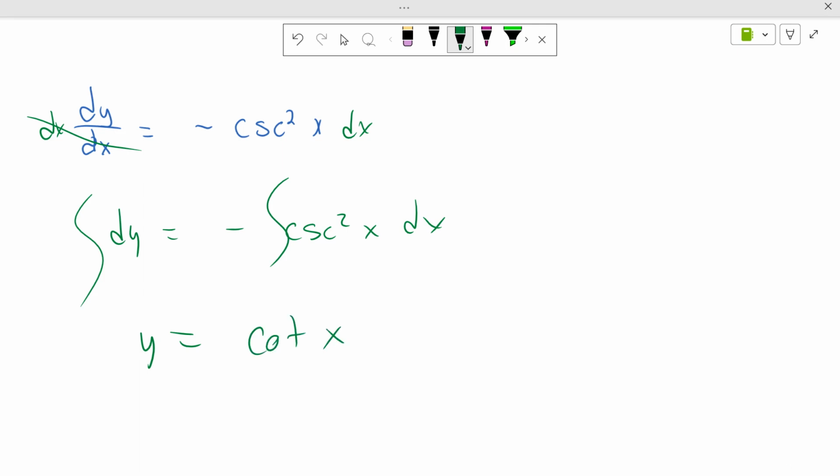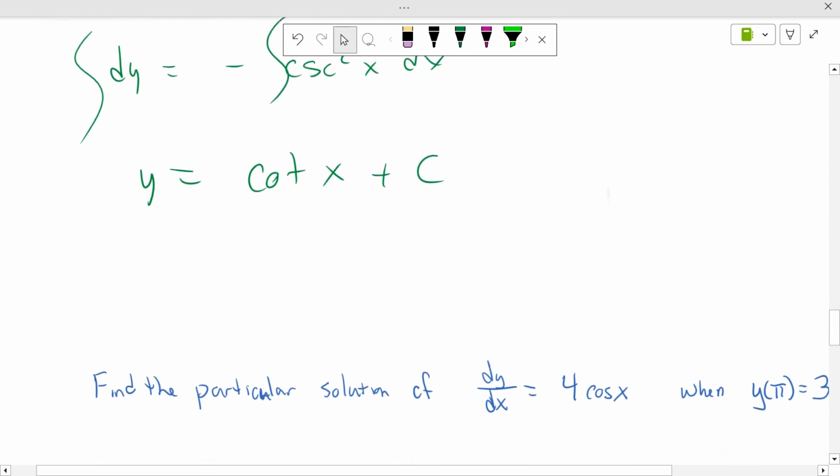Cotangent of x plus c. Because isn't the derivative of cotangent negative cosecant squared? You remember your formulas? Well, I would study your trig derivative formulas. Just a hint. I would know those trig derivative formulas. Yeah, because you're going to have that.